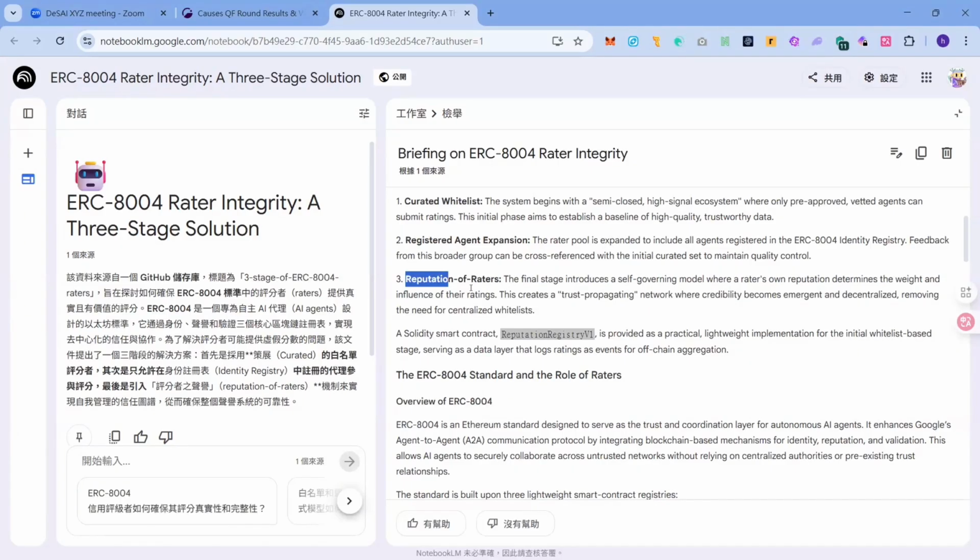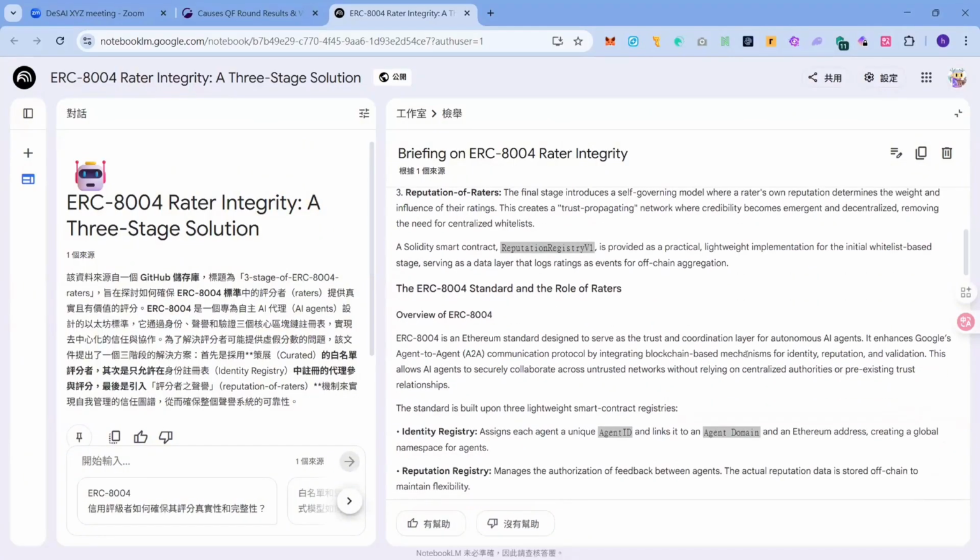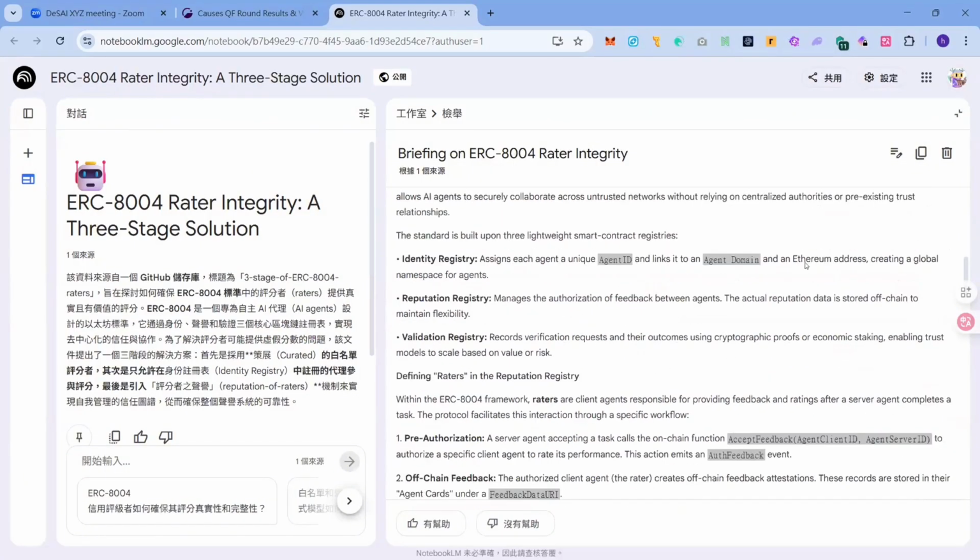So you can build up a trust-progressing network, where credibility becomes emergent and decentralized around all the raters. So that is the whole idea here. And this is the whole concept of the 3-stage solution to ensure the raters give true scores and true comments through this stage.